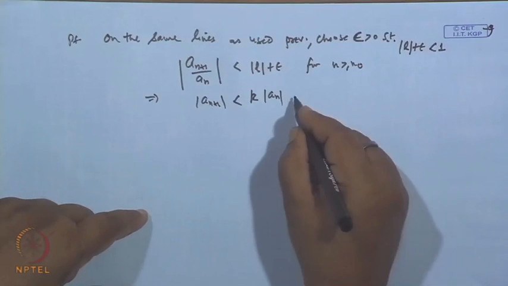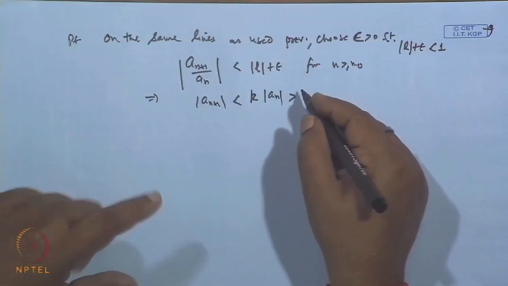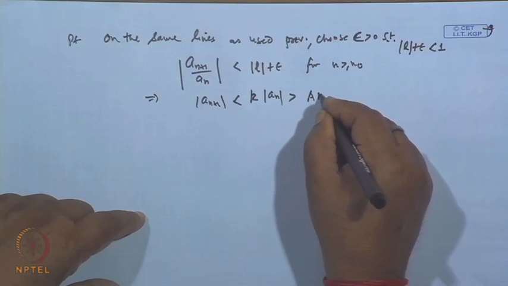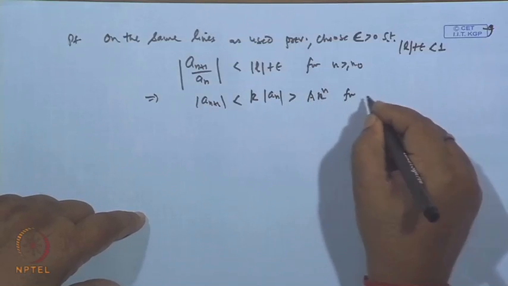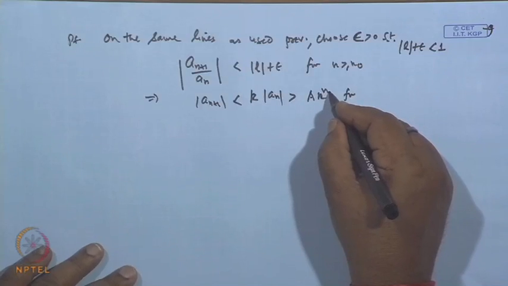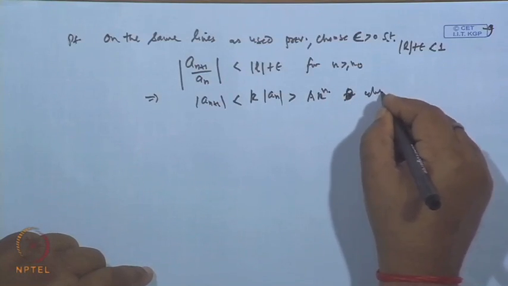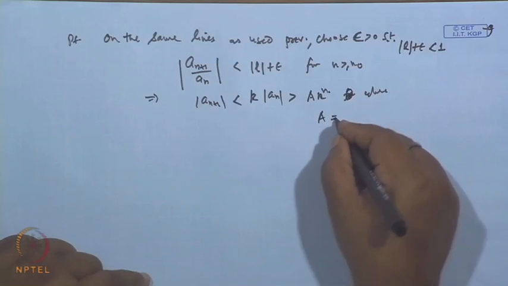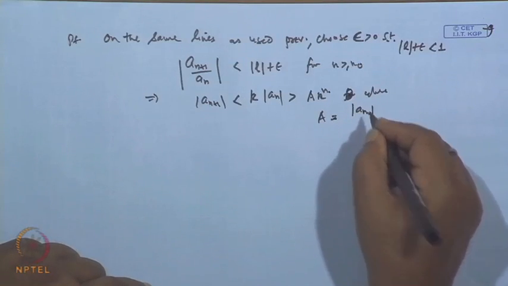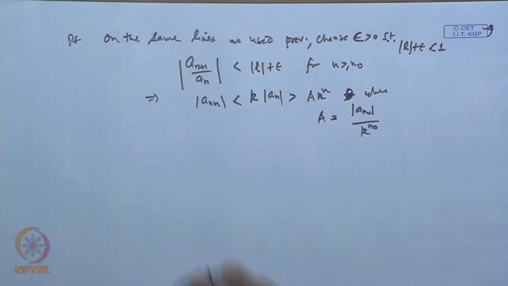Now, this will keep on increasing like this, and finally what we get? This is less than A times k to the power n for n large, is it not? For n greater than n naught, where A is equal to what? A is nothing but mod a_(n naught) divided by k to the power n naught, just like previously.